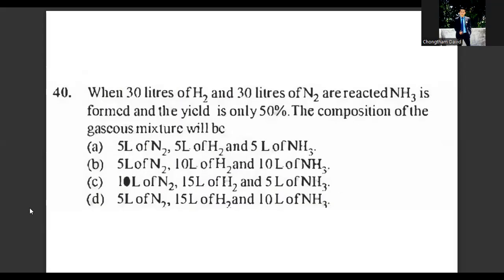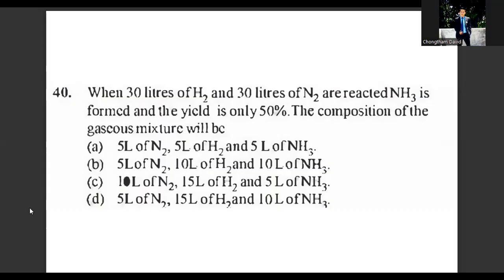Okay, question number 40. When 30 liters of hydrogen and 30 liters of nitrogen are reacted, ammonia is formed and the yield is only 50%. The composition of the gaseous mixture will be. So this is the Haber process, and in this reaction nitrogen is the limiting reagent. 10 liters of nitrogen will react with 30 liters of hydrogen, producing 20 liters of ammonia.